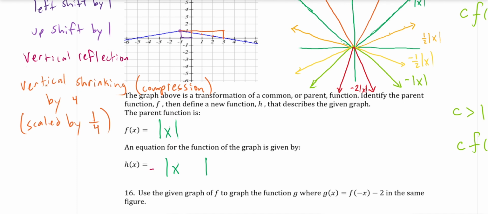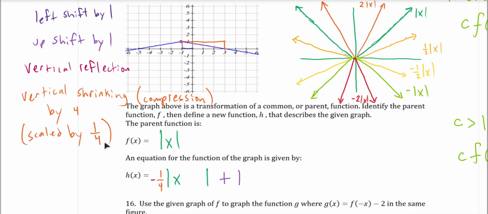It has experienced vertical shrinking or compression by a factor of 4. That means it will be scaled or multiplied by 1/4. It has been shifted up by 1 unit, and so we must add 1 to the outside. It has been shifted left by 1 unit, which means we must add 1 to the inside of the function.